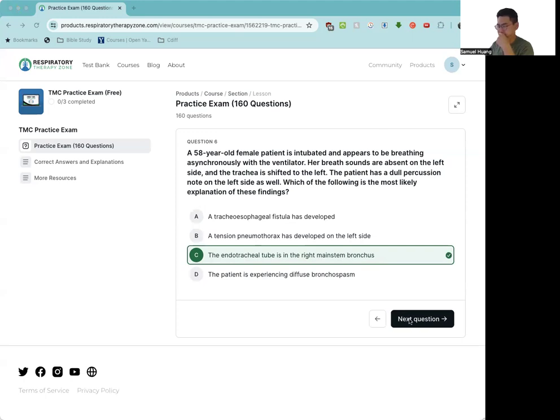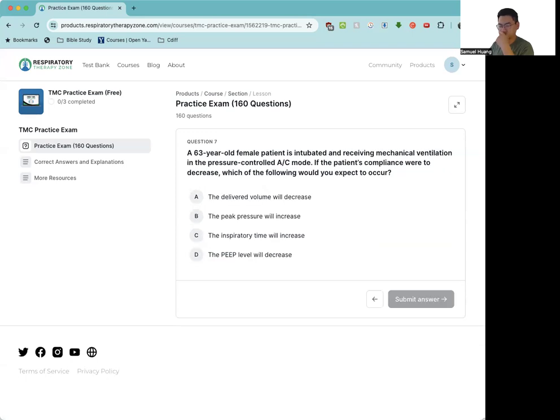Bronchospasm causes wheezing instead of decreased lung sounds. You would actually hear a narrowing, like the whistling that you saw in the bubble humidifier. When it's more narrowed, the air makes a higher pitch sound.